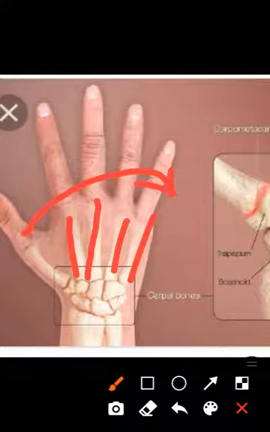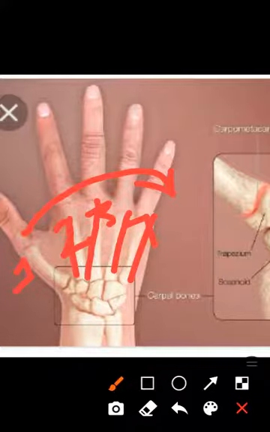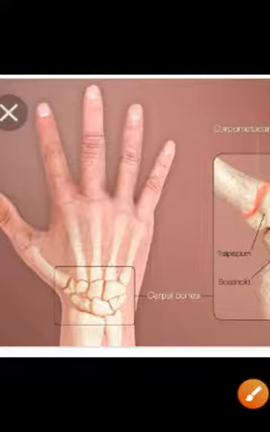This is the first, then the second, third, fourth, and fifth metacarpal bones. The first metacarpal bone is on the lateral side of the palm of the hand, while the fifth metacarpal bone is on the medial or ulnar side of the hand.